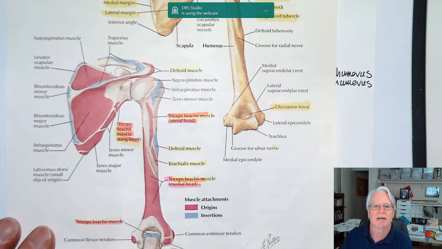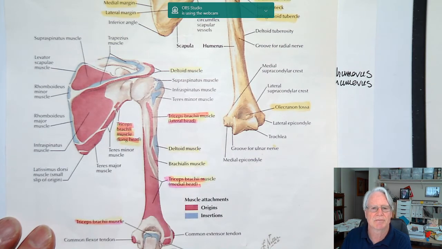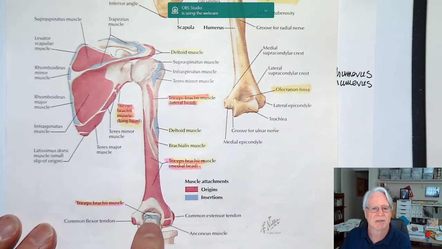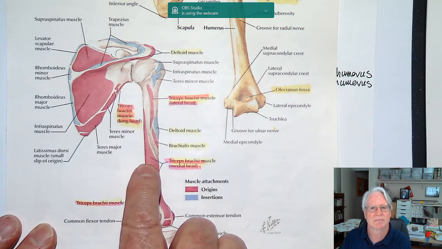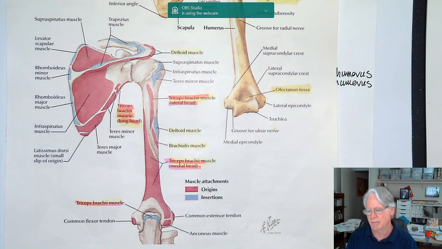We're going to have the lateral head right there, and we're going to have the medial head right here, and the insertion is the olecranon. Okay, so here, here, and here.